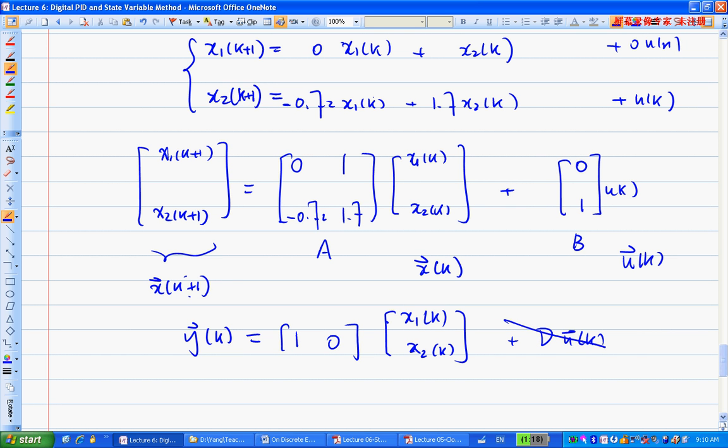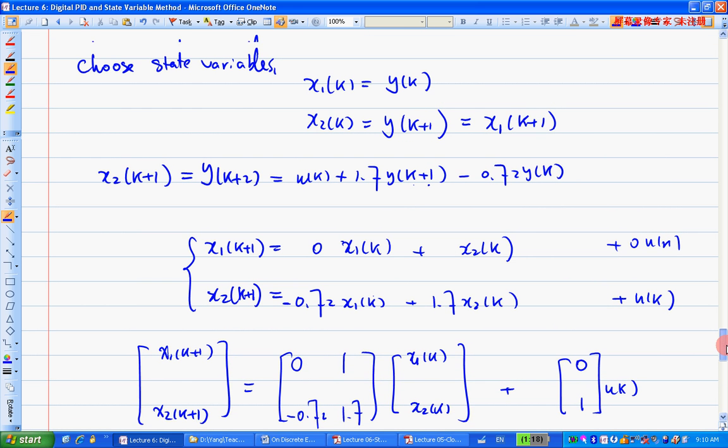Okay, I need to keep repeating that this state space model is not unique. You have an infinite number of choices, and regarding the state variables, they don't necessarily have a physical meaning every time. For this one here, the first state variable represents the output, basically the output, maybe position.